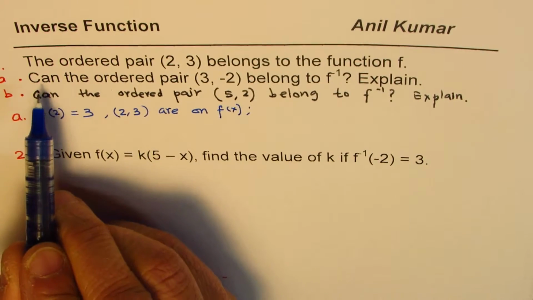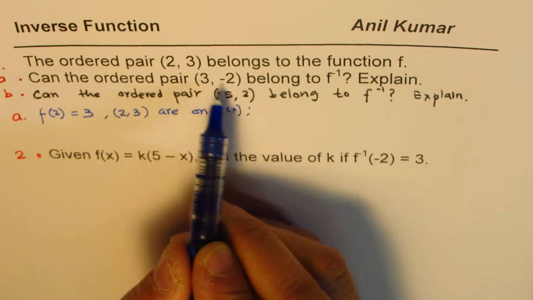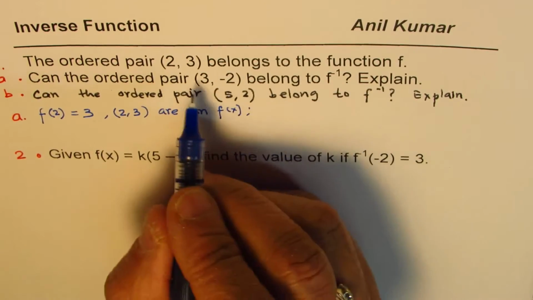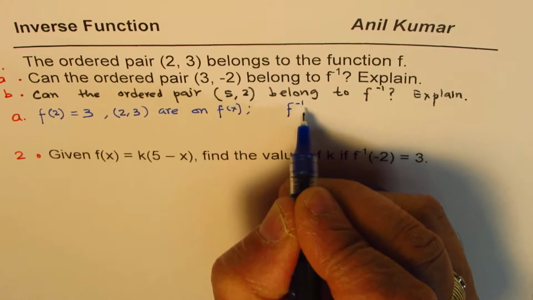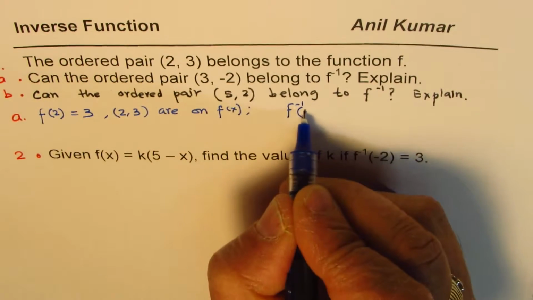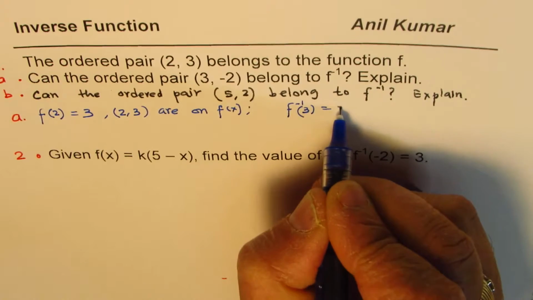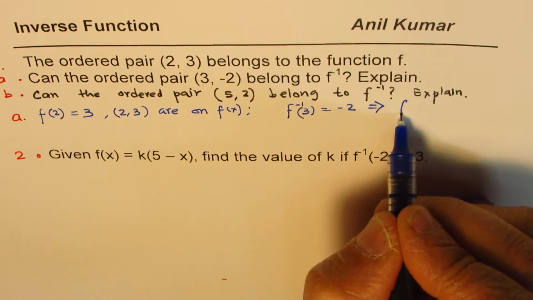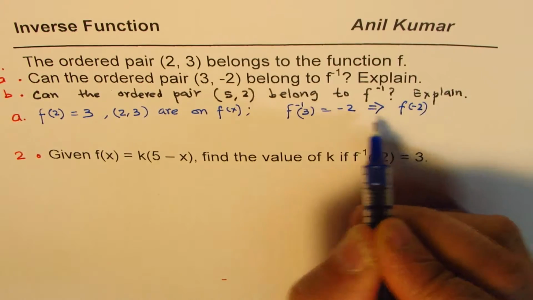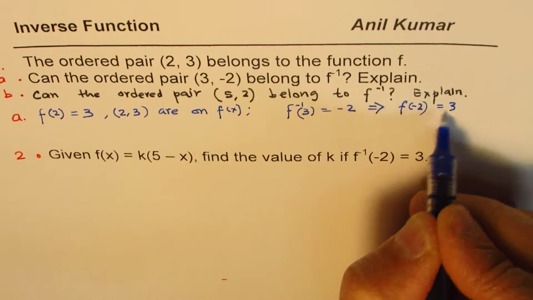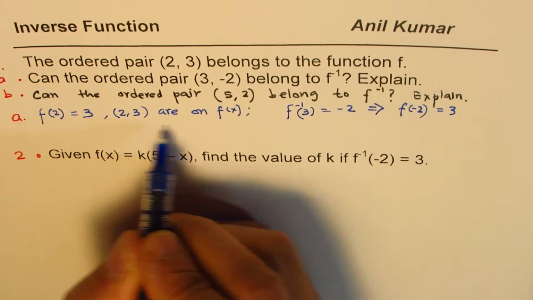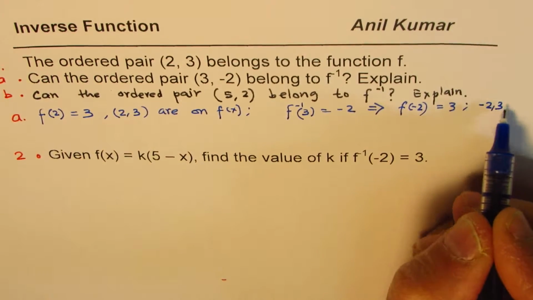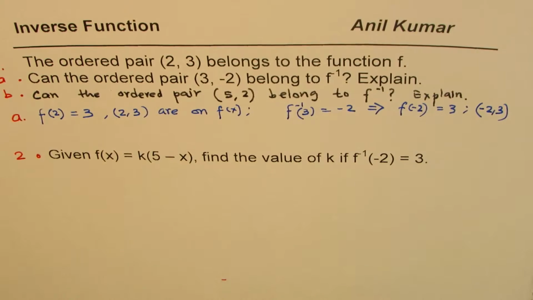Now, can the ordered pair (3, -2) belong to f inverse x? When we say f inverse, at 3 we are looking for a value of -2. It means that f(-2) should be 3. That means on f(x) the coordinate point is (-2, 3). That is what it means.